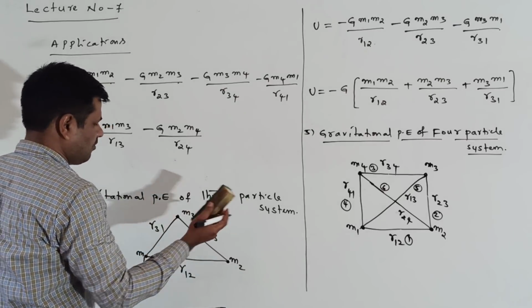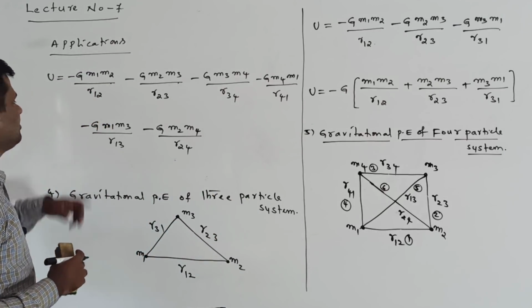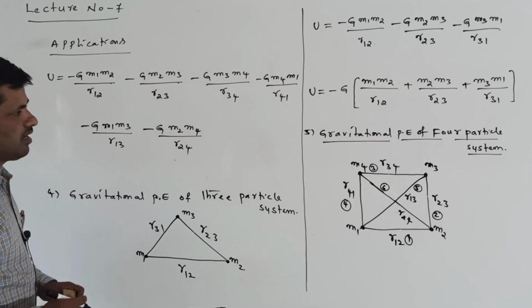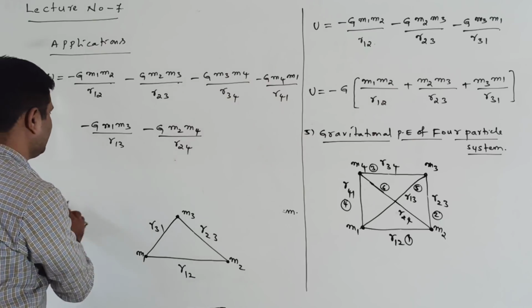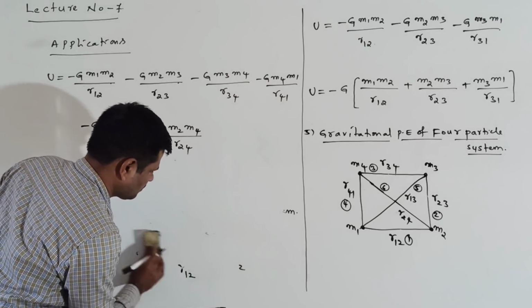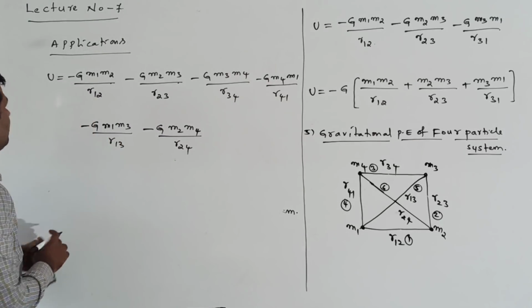Now here, suppose I take minus G common. We write the total expression. How to write the total expression here? Now what is coming here?